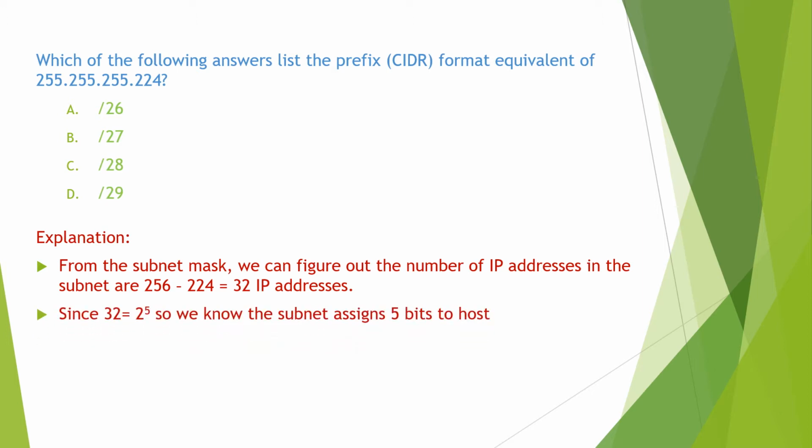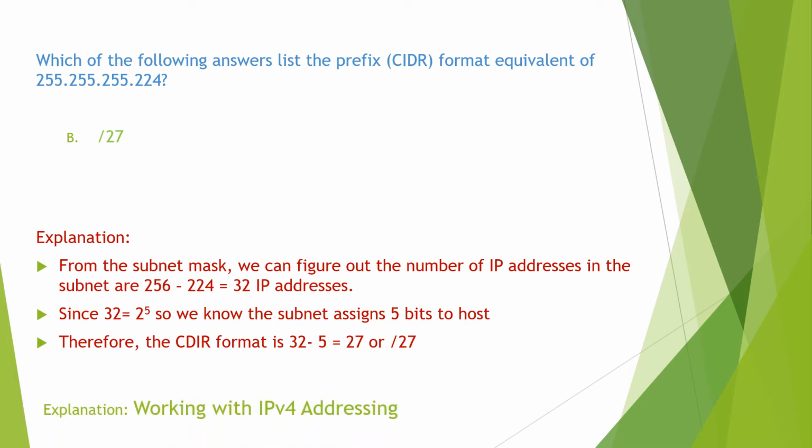Since 32 equals 2 to the power of 5, we know the subnet assigns 5 bits to host. Therefore, the CIDR format is 32 subtract 5 equals 27, or /27. So the answer for this question is B. You can find the detailed explanation for this question in the video, Working with IP version 4 addressing.